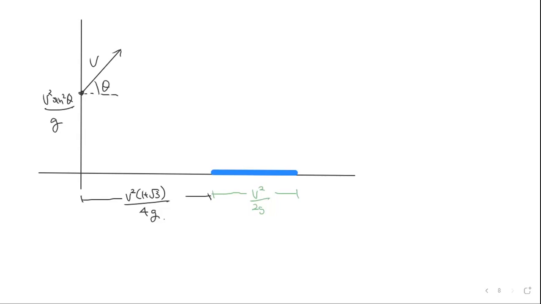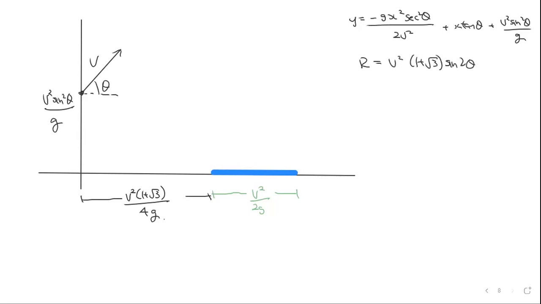Now we know the Cartesian equation, of course, is y equals negative g x squared sec squared theta over 2v squared, plus x tan theta, plus v squared sine squared theta over g. And that's your typical equation, x tan theta minus g over 2v squared sec squared theta x squared plus your h. And we also know that the range is given by v squared (1 plus root 3) sine 2 theta over 2g.